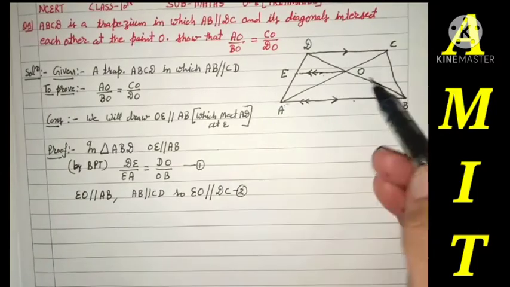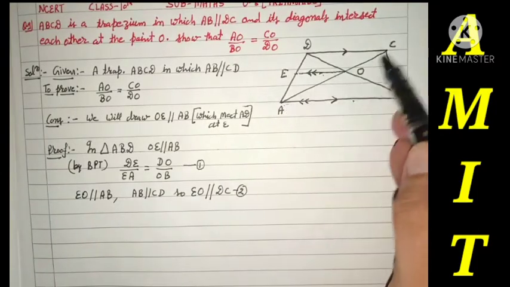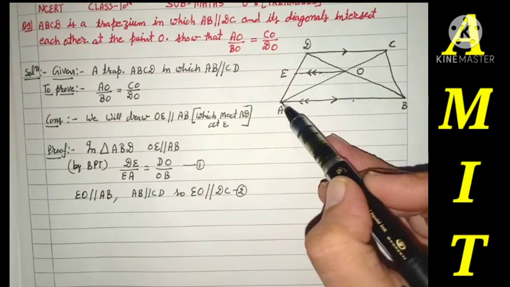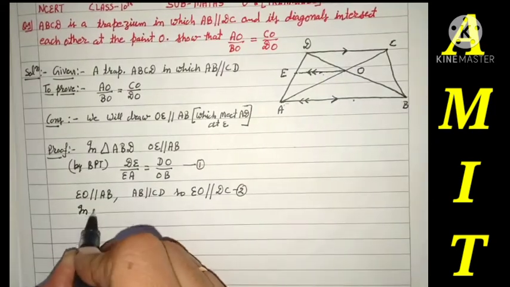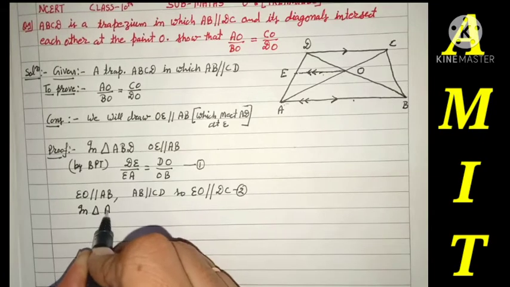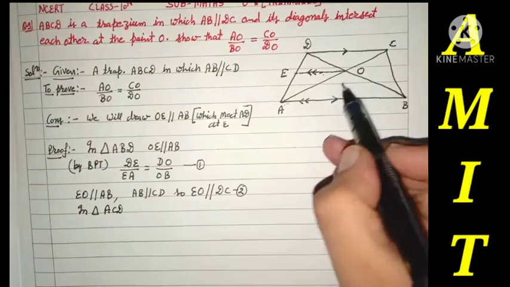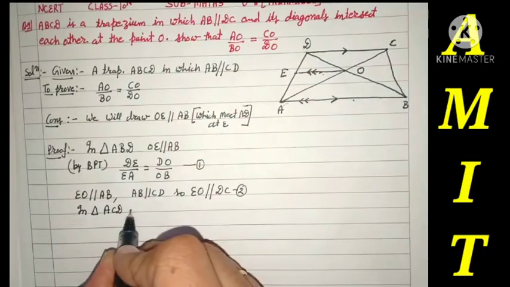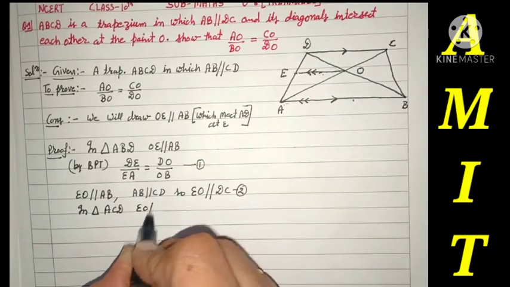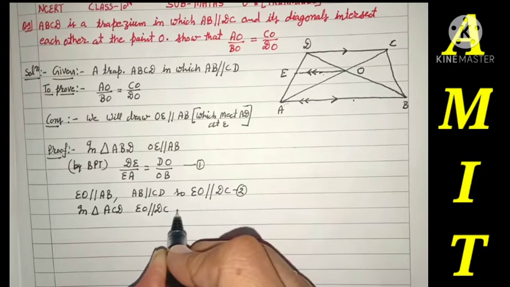Now if we focus on triangle ACD, in triangle ACD we have just proved that EO is parallel to DC.